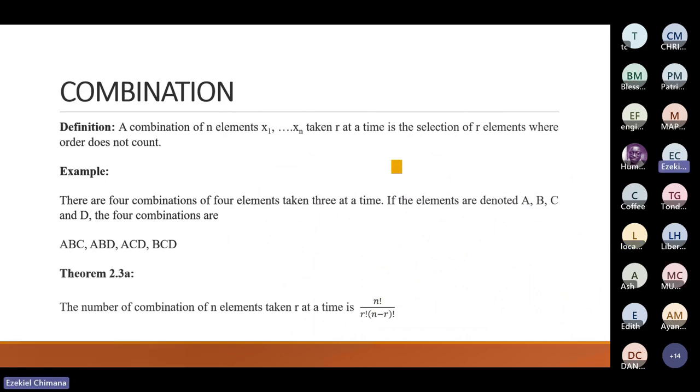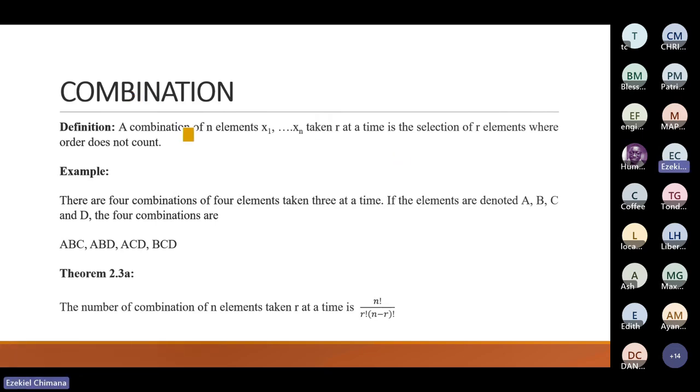Okay. So let's move on to combinations. This one we are just going to browse through. There isn't much that we need there, but it's just preparing you for the future.